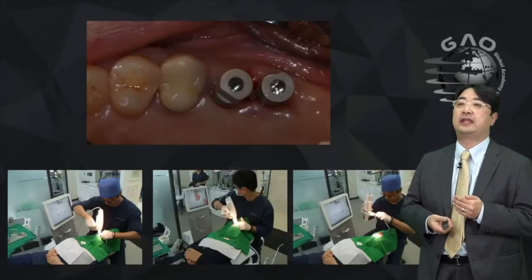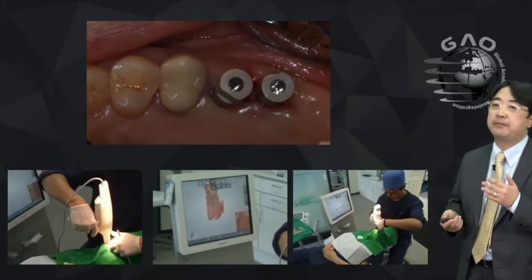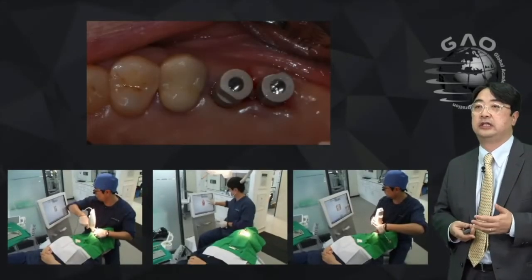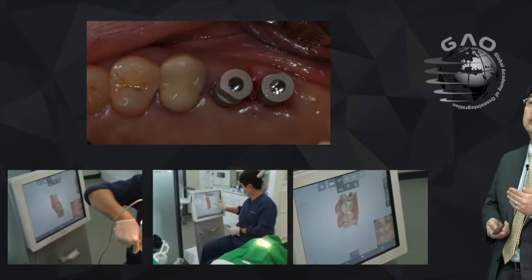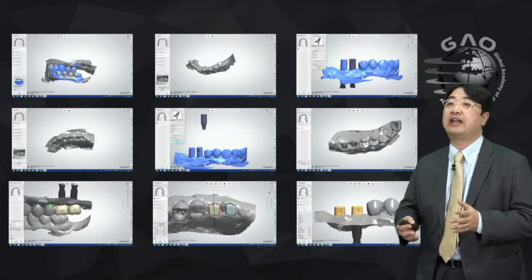Then, when I made the impression, I connected the scan body like this and used a Trios. I think this was Trios 2. I made an intraoral scan for this case, so I have the data now.